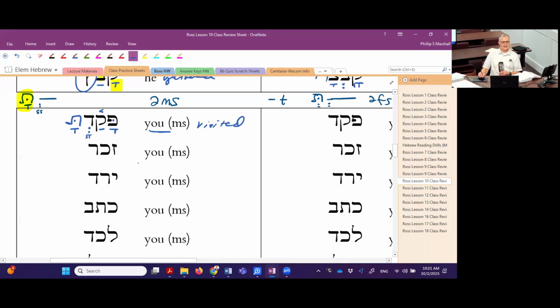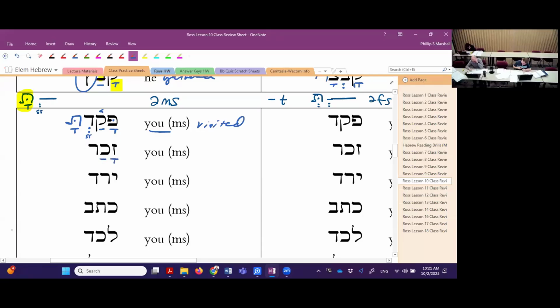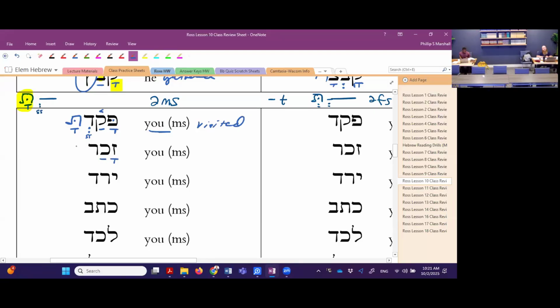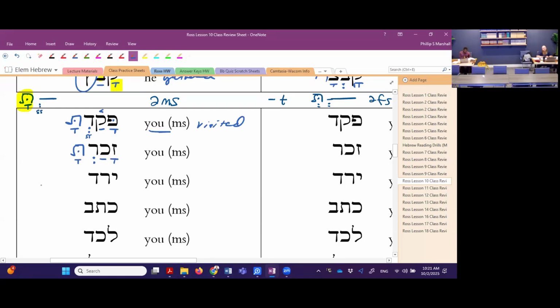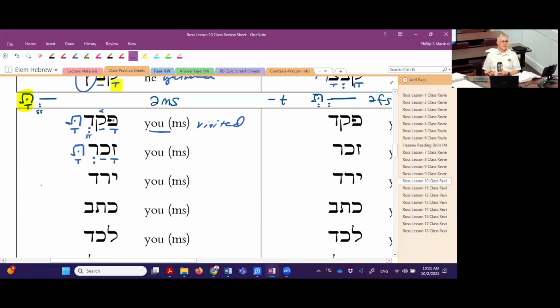Say this to me, everybody. Pakadta. All right. So, with the zayin, I want long A, short A. And then what am I going to add here to the resh? Silent shva. Okay, resh gets a silent shva, and then the ending is ta. Very good. Zakharta. Do I want an accent mark anywhere?